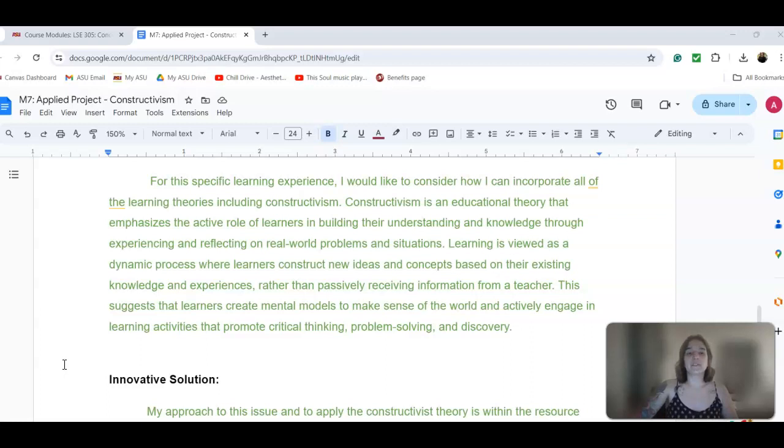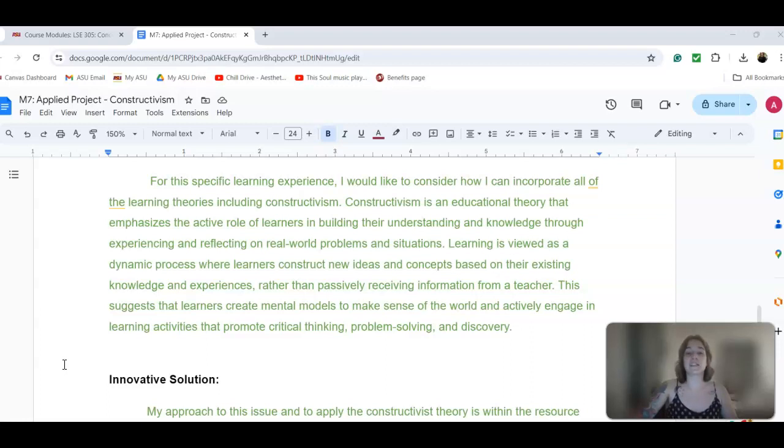For my specific learning experience, I would like to consider how I can incorporate all of the learning theories, including constructivism. Constructivism is an educational theory that emphasizes the active role of learners in building their understanding and knowledge through experiencing and reflecting on real world problems and situations.